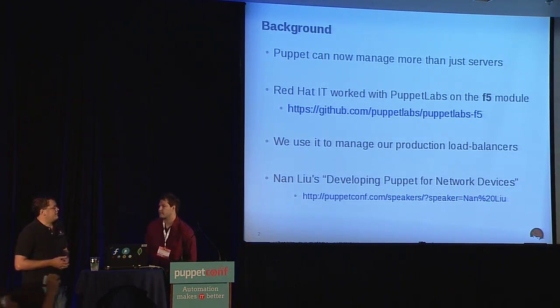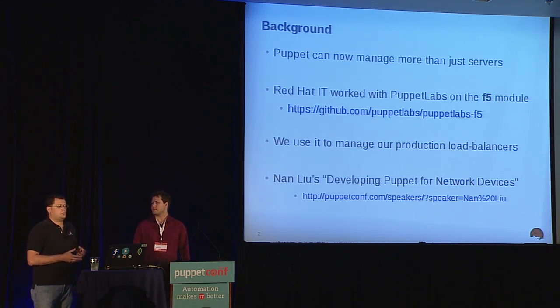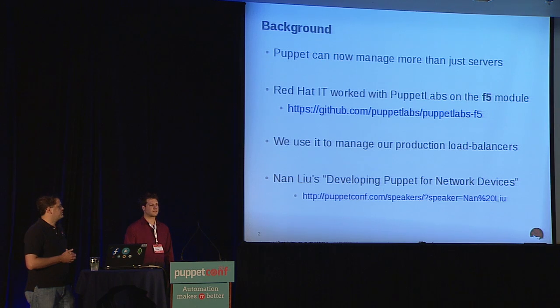We engaged Puppet Labs in particular to help us manage some of these devices through Puppet, and they have published the module that resulted on GitHub, so you guys can go out, fork it, check it out. I think there are at least a few people that are using it and contributing back already.